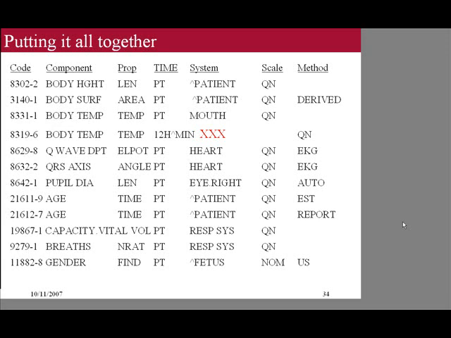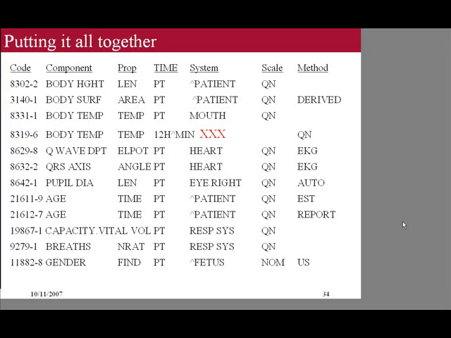This is a good place to explain about XXX. XXX is a value that we put into one of the LOINC axes when the intention is to use this code either without further specification or in conjunction with another post-coordinated axis. So for instance, there are two body temperatures here.